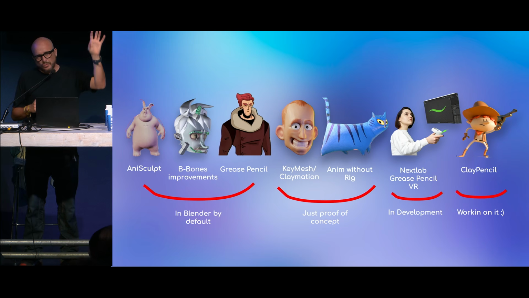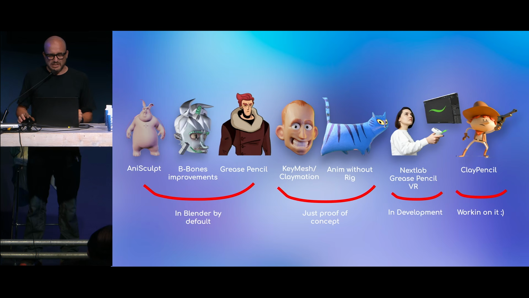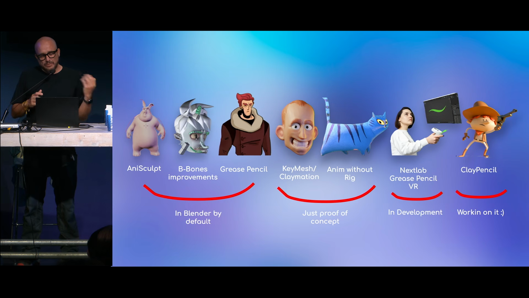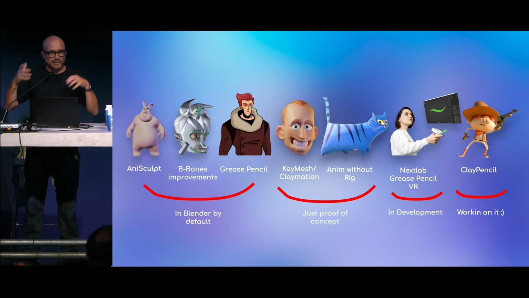There is a lot of room for improvement and to see how they are implemented in a real production. Right now it's just a concept. The improvements in the school posing tools are by default in Blender. And the NextLabGrease Pencil VR is just in development, trying to survive and be implemented.